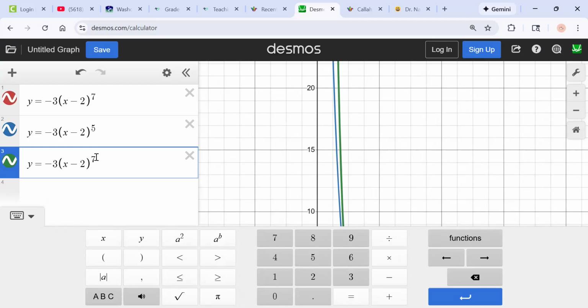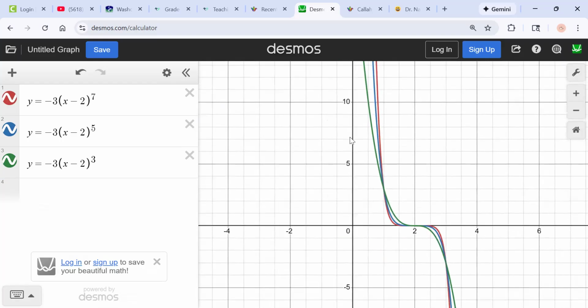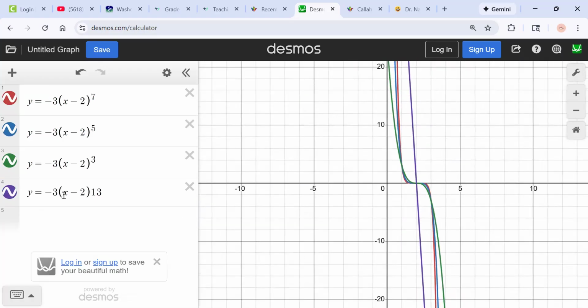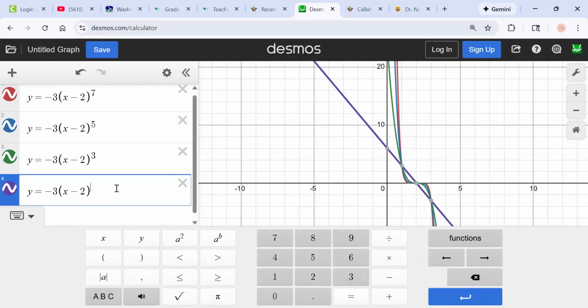It looks like if it's a 5, it's just a little bit whiter, right? Do you see if I put like 13? It's the same thing. Oops, that's wrong. Hold on. Do you see it's exactly the same? It's just a little bit whiter or smaller. Okay? It's the same. Does that make sense?